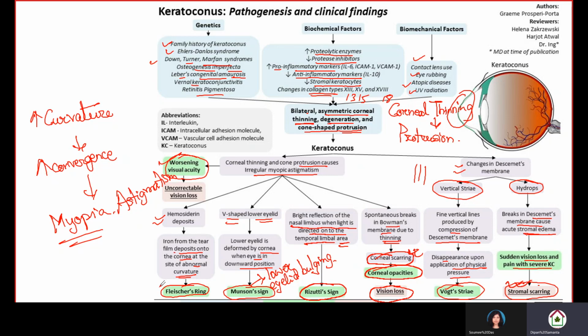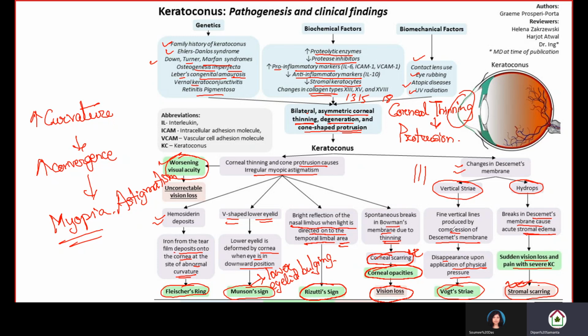Now you see, this iron deposition option looks very odd, because the others are all deformed cornea, Bowman's membrane thinning, Descemet's membrane compression, but it can come into your mind that why suddenly there will be iron deposition.